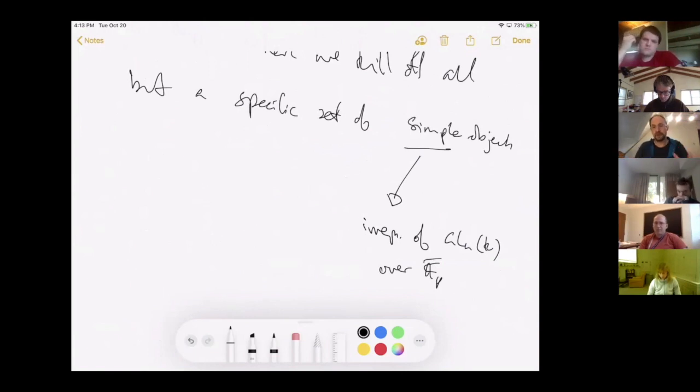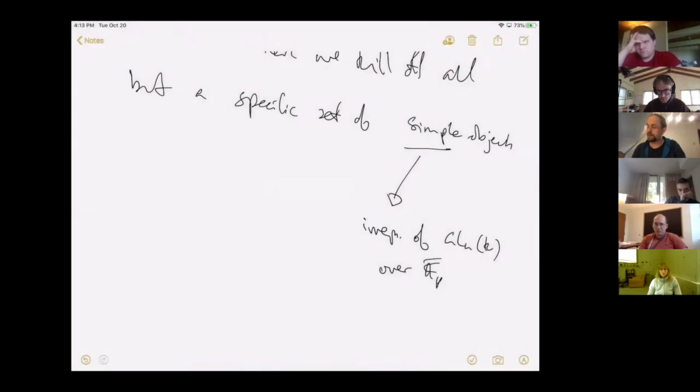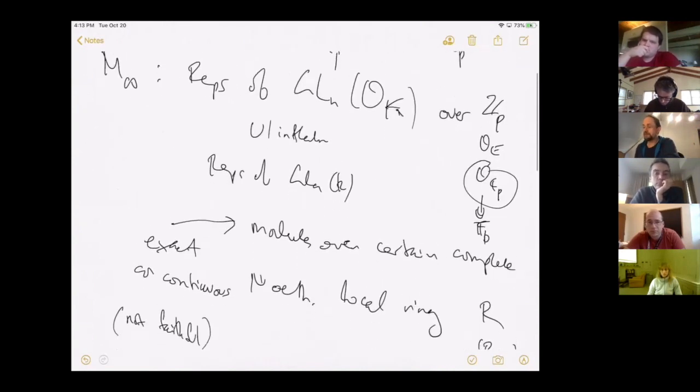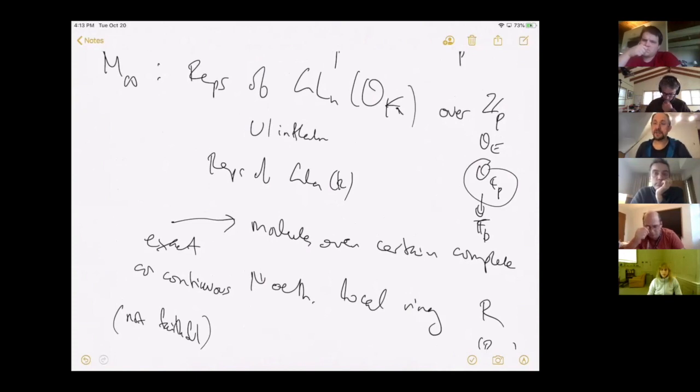We're going to choose certain specific sets of simples that we keep, but all the other ones we'll set to 0, and we'll take the quotient. So we'll look at the fixed Serre subcategory generated by all the irreps we want to kill off, and then that will be killed off by this functor.